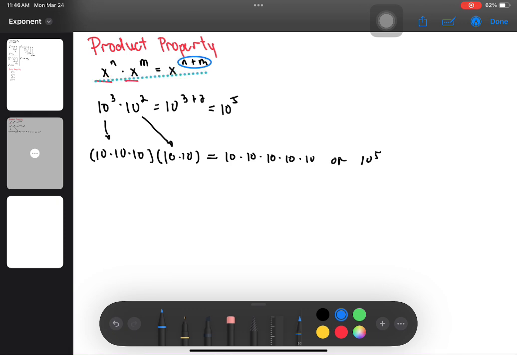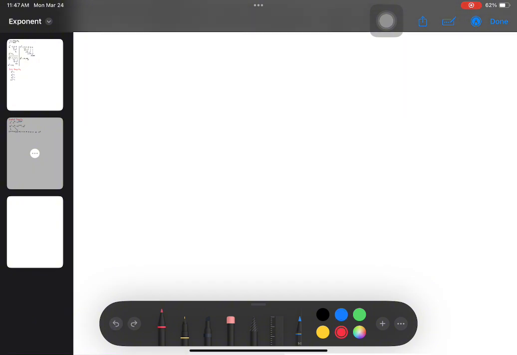Now let's move forward to the next property. This next property is called the quotient property or the quotient rule, which tackles the division of exponents with the same base. This rule is extremely similar to the product property, except you replace multiplication with division and you replace addition with subtraction.